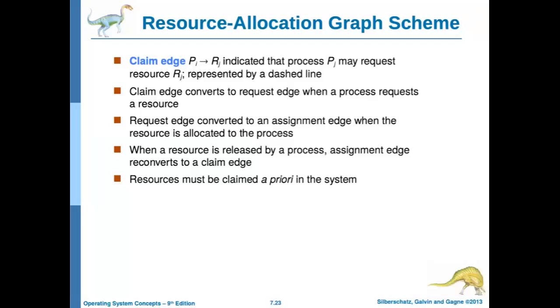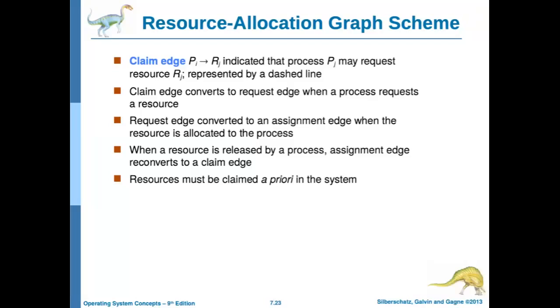So the claim edge will be from any process Pi to Rj, ith process and jth resource type, which indicates that the process Pi may request resource Rj, and this will be represented by the dashed line. Now a claim edge converts to a request edge when a process requests a resource. So first of all, it claims. Okay, it requests that.